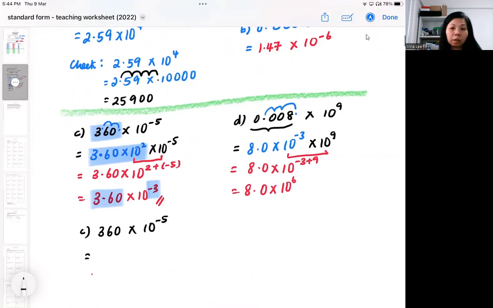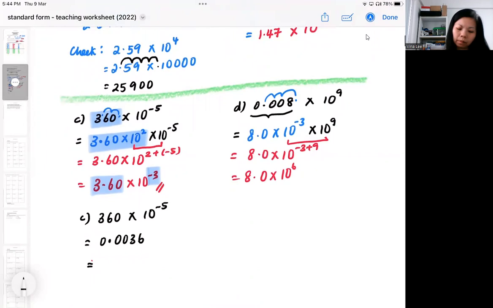Some people will punch the calculator. If you punch the calculator, it will actually give you 0.0036. So some people punch the whole thing on the calculator.